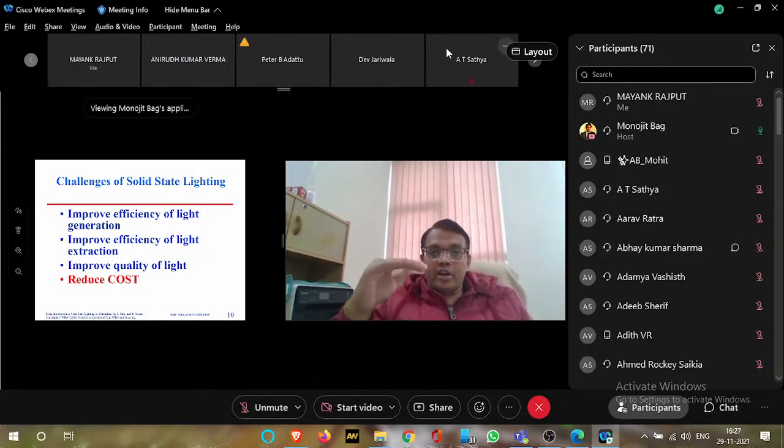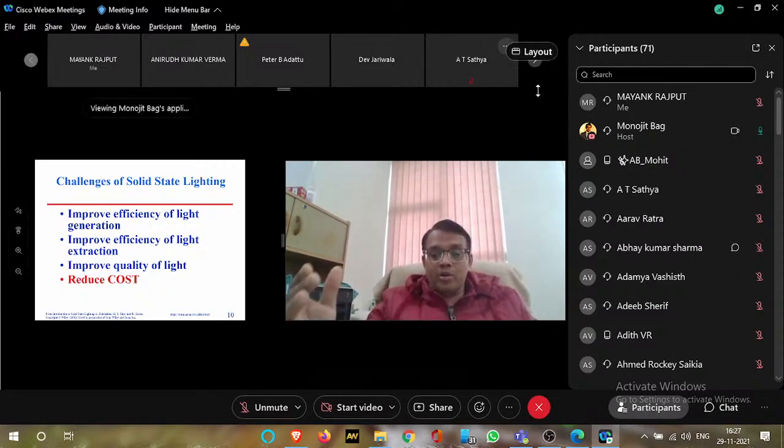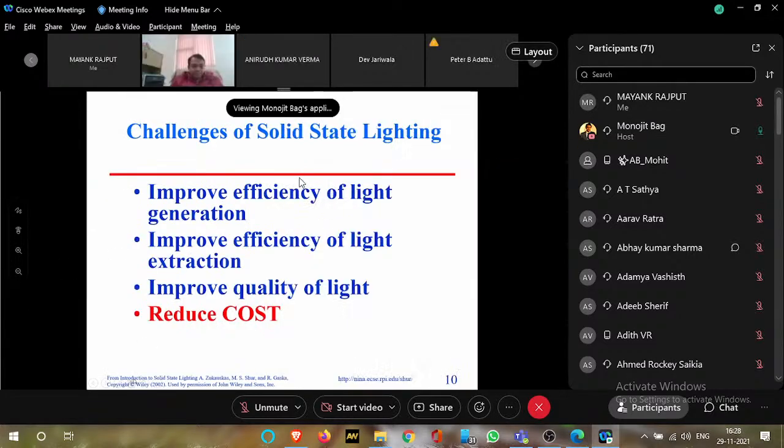So from high dielectric to air, there is a huge dielectric mismatch. What happens is most of the light is trapped within the device itself. It doesn't come out of the surface. So how do we improve the light extraction efficiency? This is one of the bottlenecks.